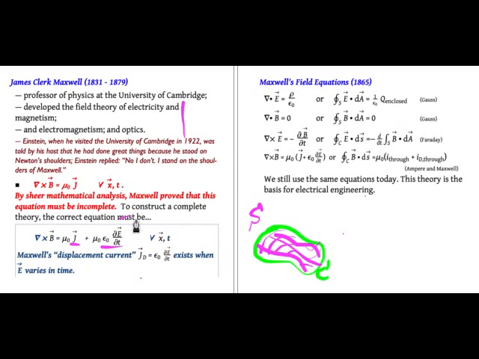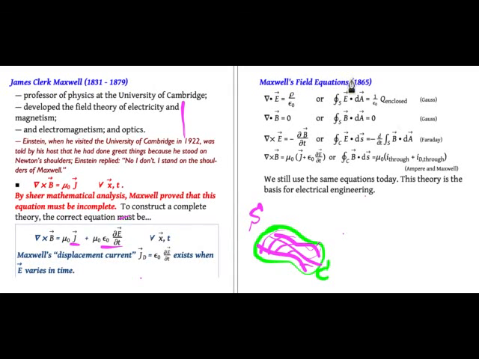And actually the ultimate proof that Maxwell's theory was true came from experiments in Germany which created electromagnetic waves. But that was after Maxwell had already died. So Maxwell didn't quite live long enough to see his theory become universally accepted.